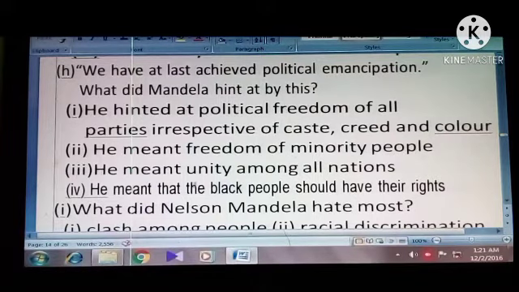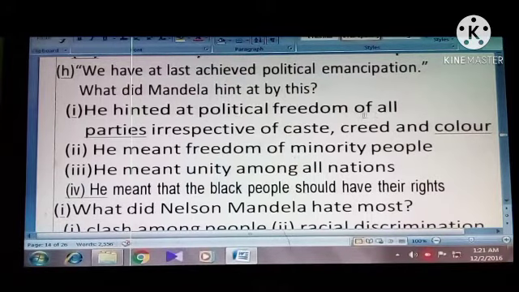Number 3, he meant unity among all nations. Number 4, he meant that the black people should have their rights. Here the correct answer is number 1, he hinted at political freedom of all parties irrespective of caste, creed and color.